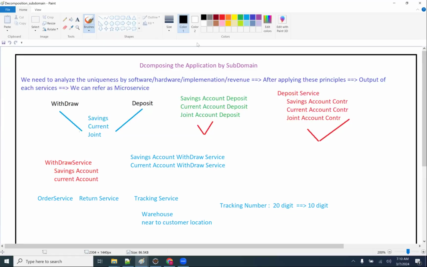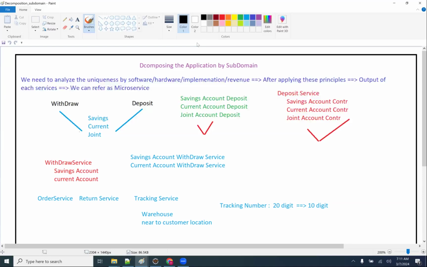Under that, we can have savings account functionality, current account functionality, joint account functionality. So that I don't have any possibility of individual services being impacted. So that is what decomposing the application by subdomain is.